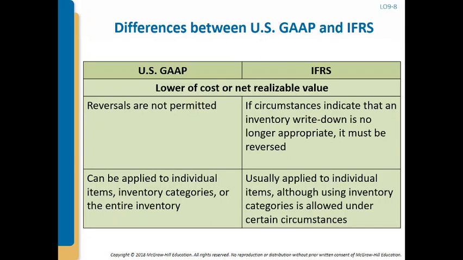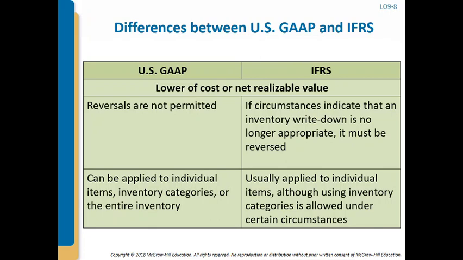Now notice a couple of things about LCNRV. Whether you do this LCNRV by individual items or by category or by total inventory, each approach is acceptable. Once you pick an approach, you should apply it consistently from one period to another.